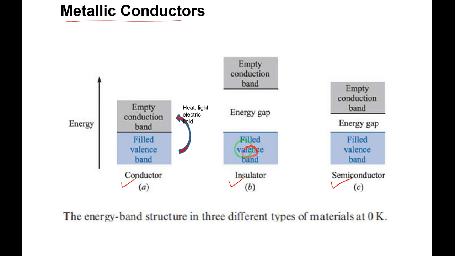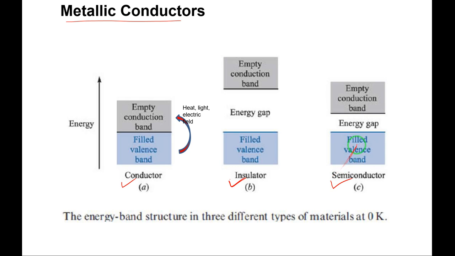If I provide external energy to the electrons in the valence band in the form of heat, light, or electric field, what will happen? They will try to jump to the conduction band, but the temperature will increase in such a way that the insulator will break down. It will melt. So insulators are not used for conduction, right? Insulators are materials with no conductivity or lesser conductivity.